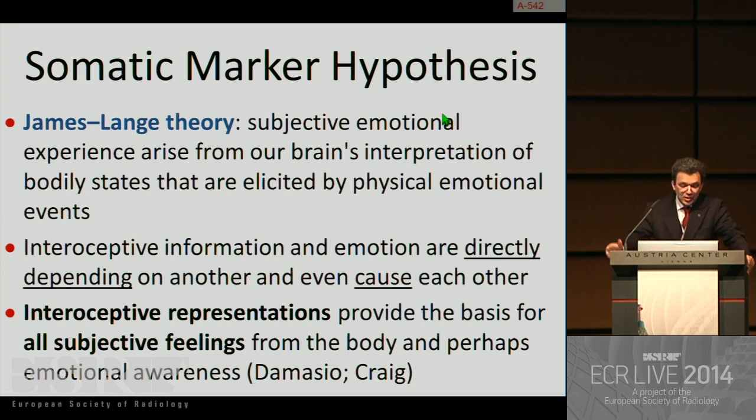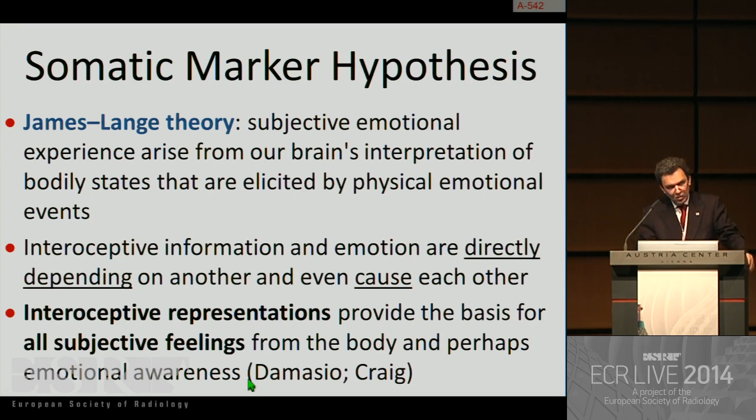This brings me to an old hypothesis, the so-called somatic marker hypothesis, which is about feelings and emotions. When you have emotions, how does this work? The theory is that we interpret as an emotion what we feel in the guts, the feelings that are coming.